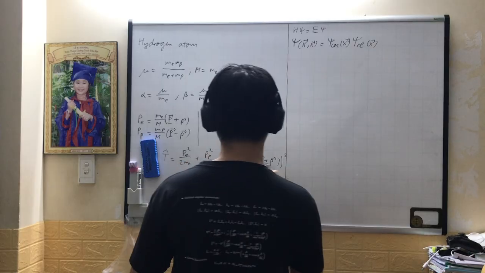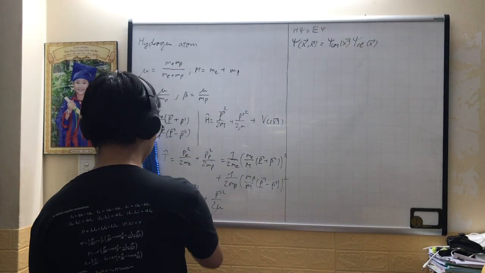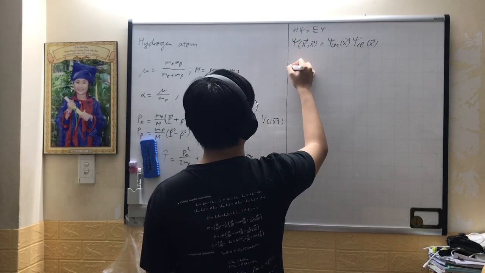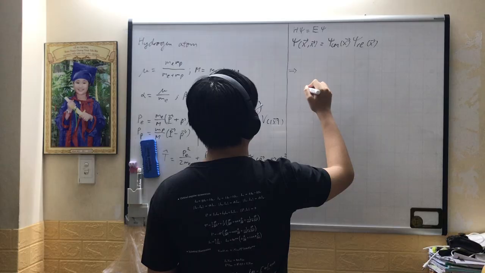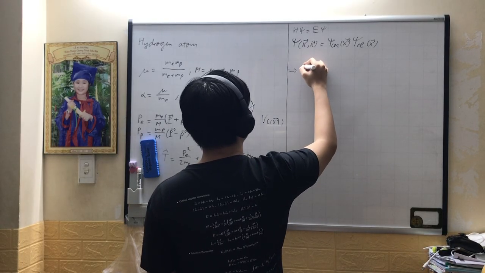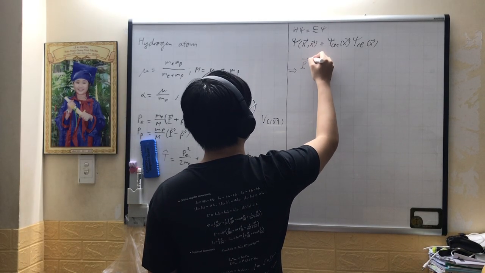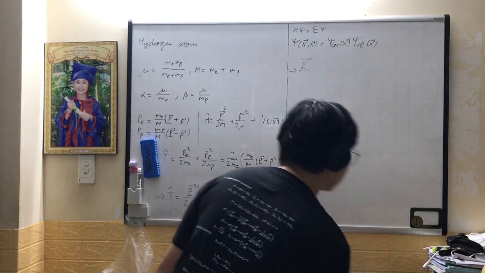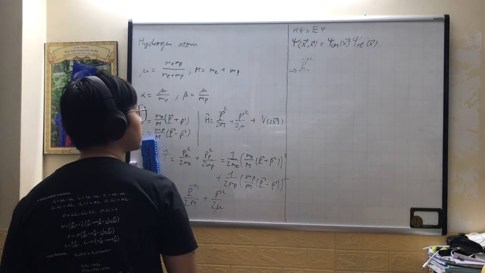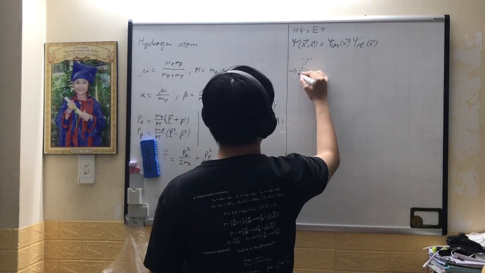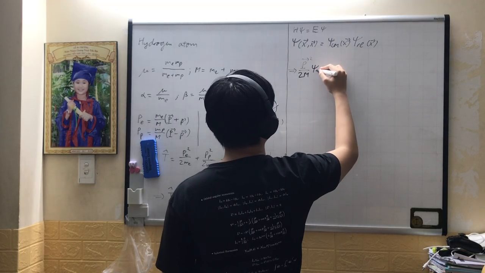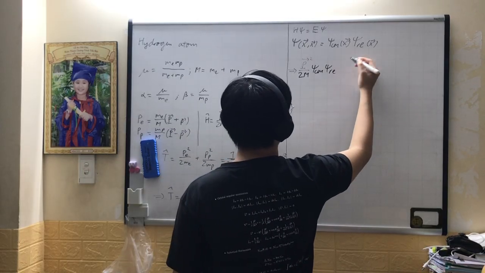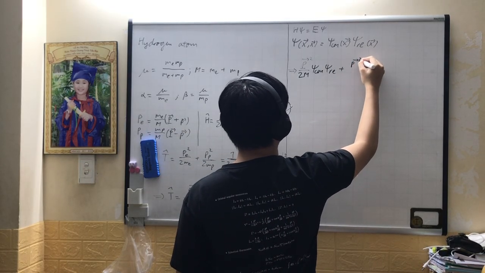That would be way easier to deal with. So we're gonna put these into our time-independent Schrodinger equation. First one is gonna be the center of mass part, P squared over 2M, times psi RL, where we would like to group, but I'm gonna do that later.